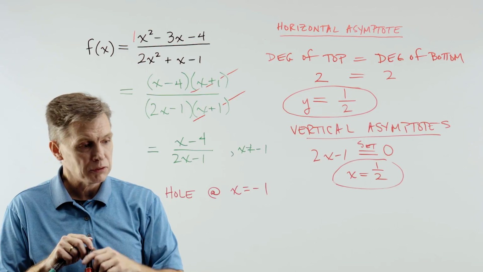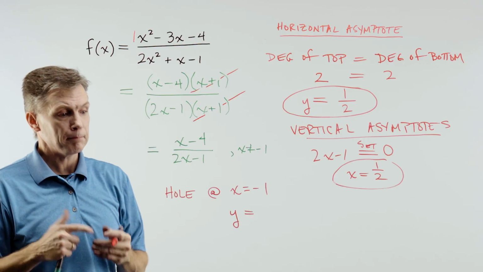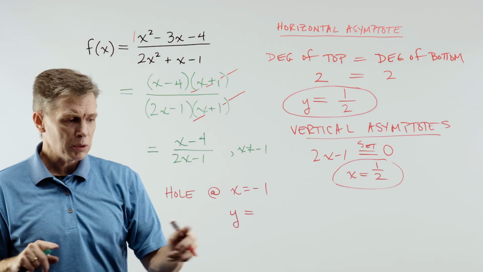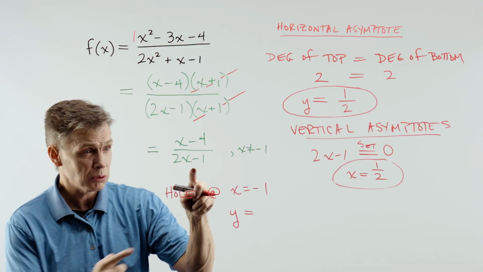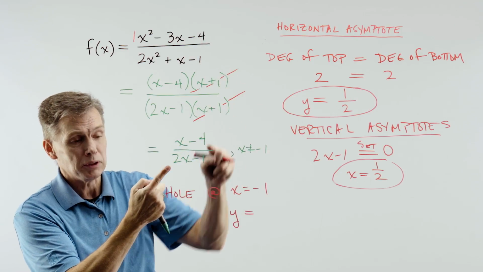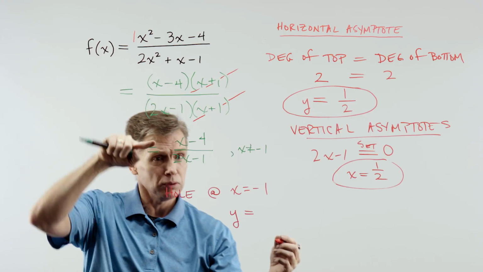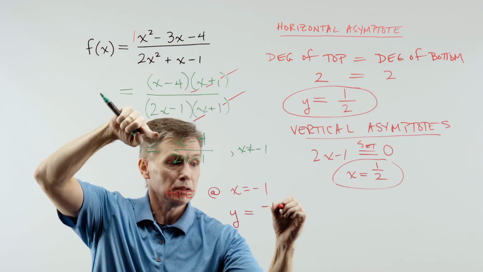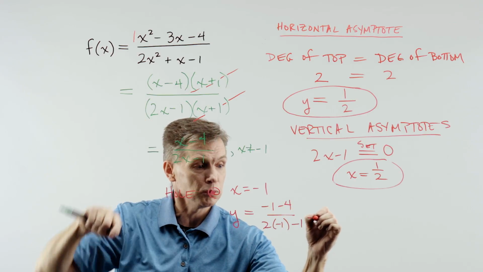And one last step then is let's also figure out the y value for that hole. For the y value, we're just going to take that x of -1 in this case and plug it back into, let's use this simplified version. If you used the original, you'd get 0 divided by 0. So let's plug the -1 for x into this simplified version. -1 minus 4, over 2 times -1 minus 1.